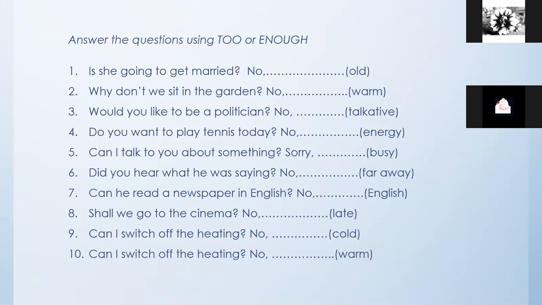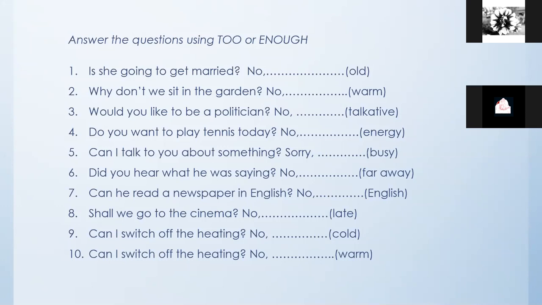No, it is too warm to sit in the garden. Too warm. Or no, it is not warm enough to sit in the garden.